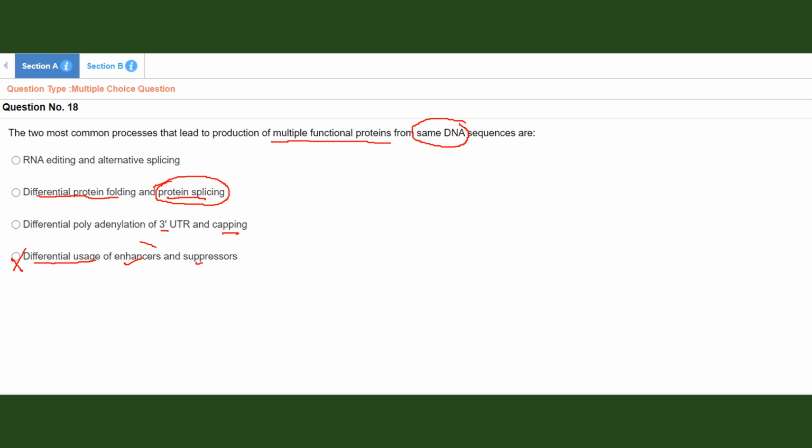So it is not multiple functional proteins we are talking about. So the answer is alternative splicing, because here the mRNA is spliced in alternative ways to create multiple functional proteins, and the DNA sequences remain the same, and this is followed by RNA editing. So the answer will be A.